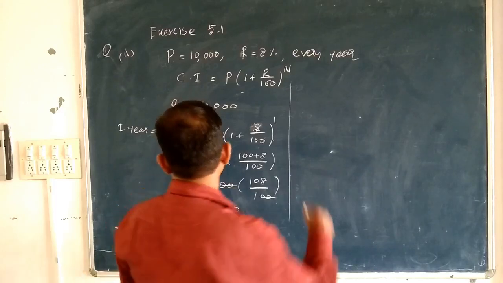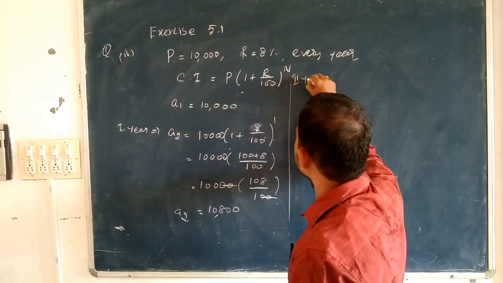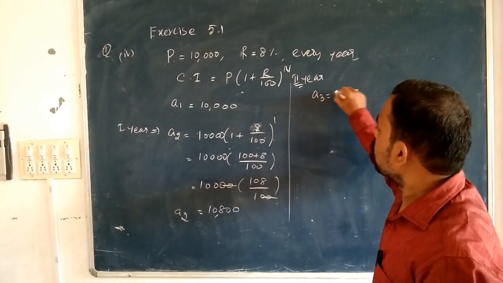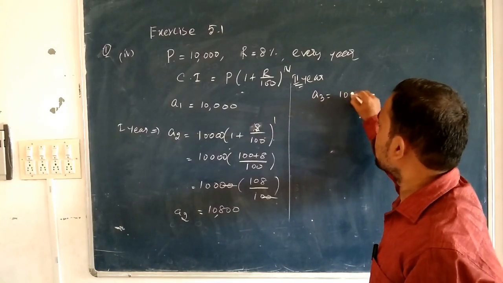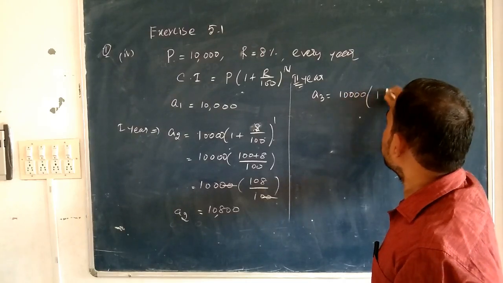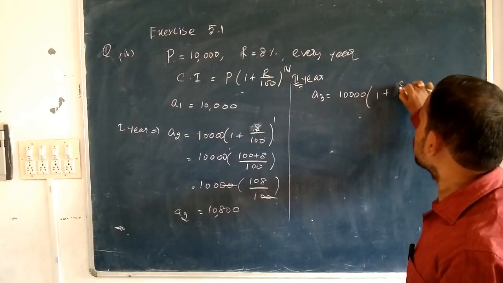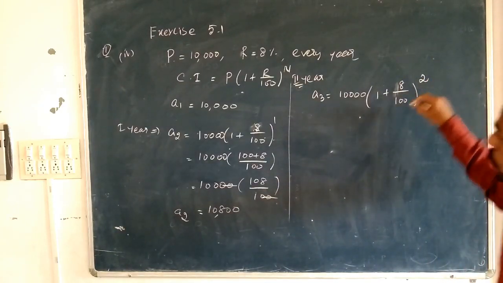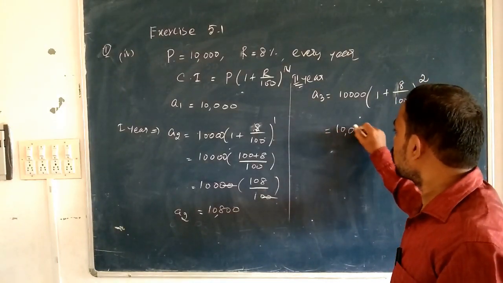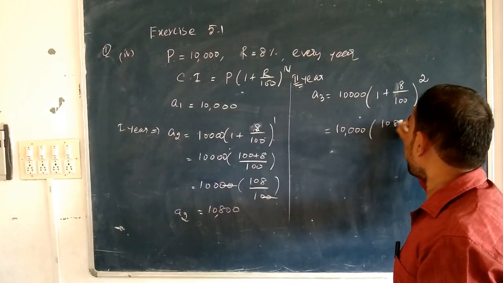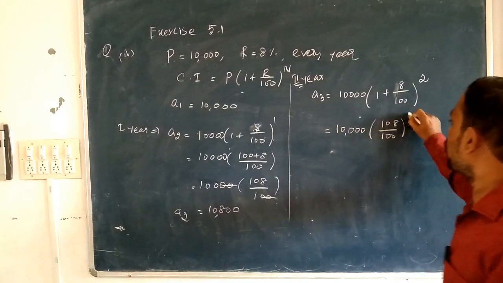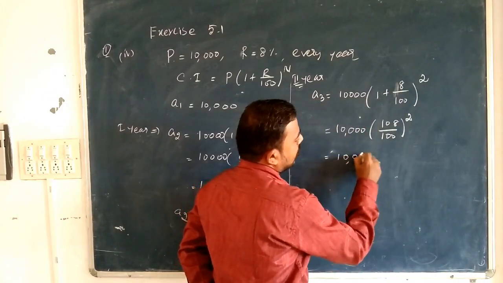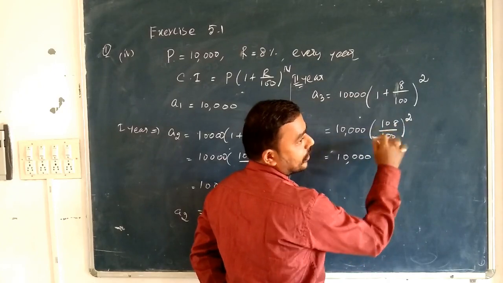Now come to the second year. For A3, the amount is 10,000 into 1 plus R by 100 for the second year, so here the power is 2. In the same way, 10,000 into 108 divided by 100 to the power 2.